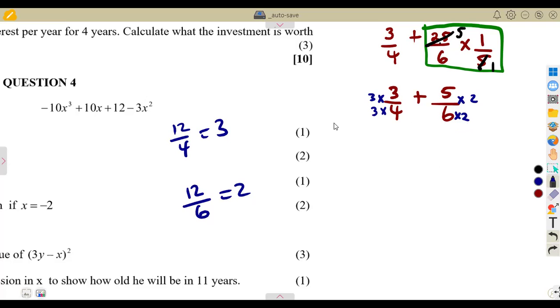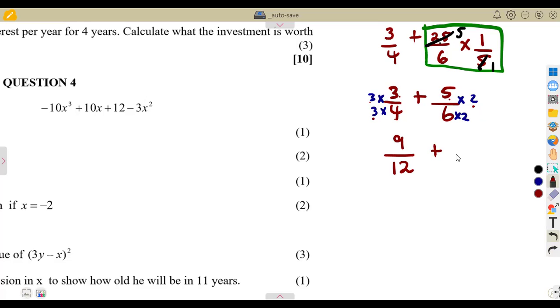So you check your LCD, your lowest common denominator, which is 12. Then you think about that 12. To get the 12, what are you supposed to do on this number? You're going to multiply 3 times 3, that is 9, over 3 times 4, that is a 12, plus 5 times a 2, that is a 10, over 6 times a 2, that is a 12.